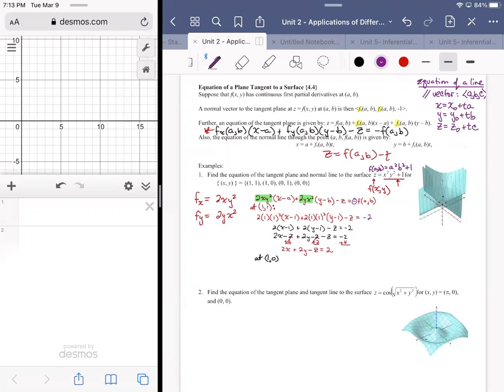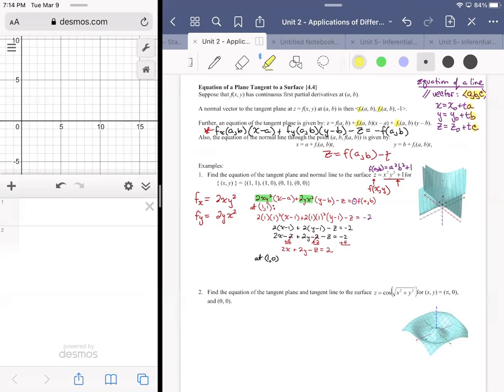Right? So if we were to take the derivative of this equation of a line, since it's linear, the derivative would actually be the parallel vector itself, right? Because the derivative of a line is that line's slope.